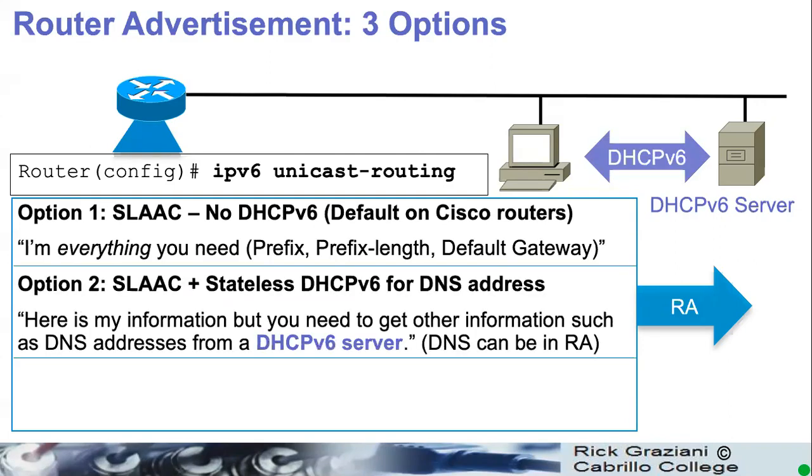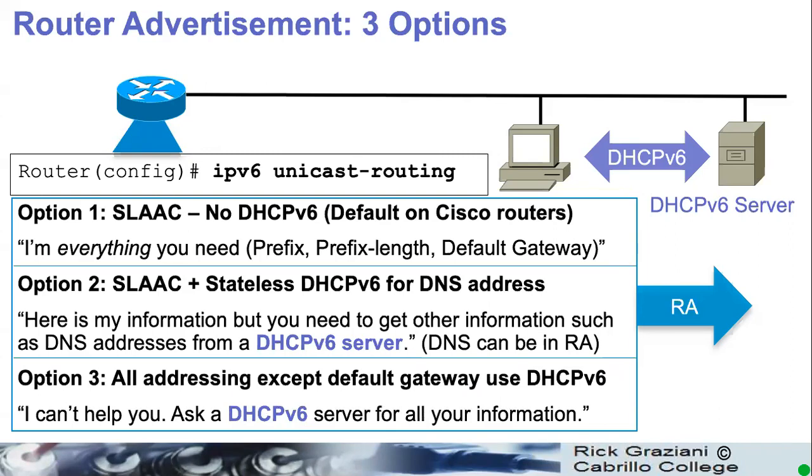Option 2 is I'm pretty much everything you need to create your address, who your default gateway address is, etc. But you may want to talk to a stateless DHCPv6 server for things I won't provide. And stateless meaning the server will give you things like the address of a DNS server, the same information it would provide to everybody.